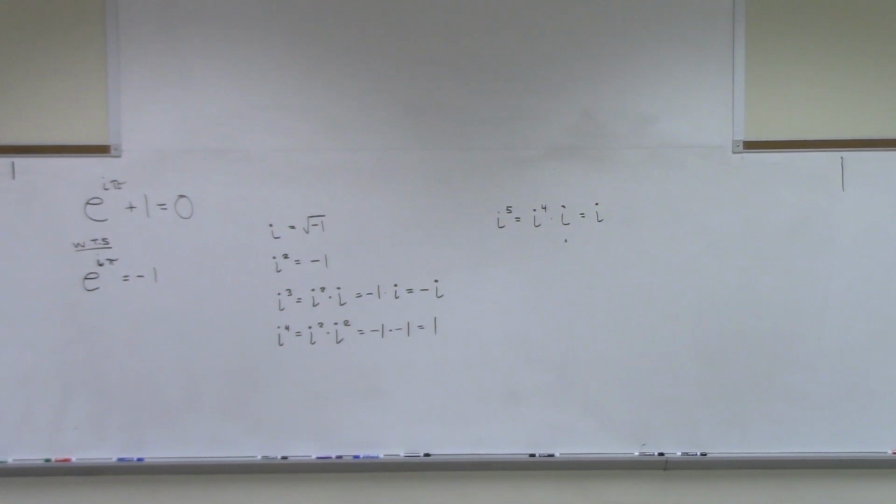So i to the 3rd power, i to the 7th, i to the 11th, all of those would be equal to what? -i. One more. i to the 4th would be the same as i to the 8th, which would be i to the 12th, right? Which is all equal to 1.